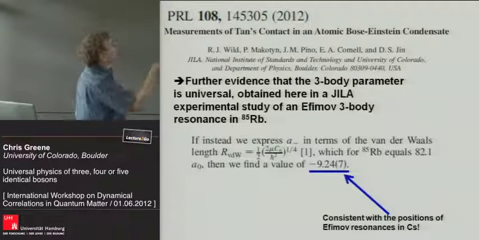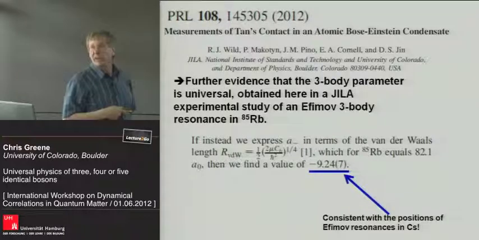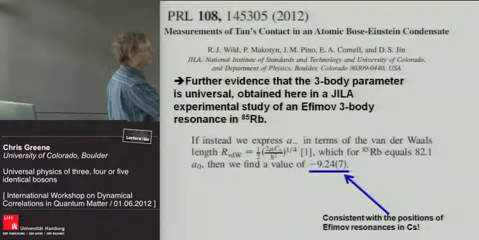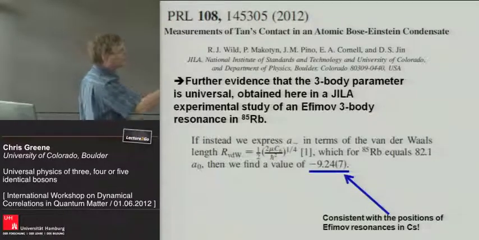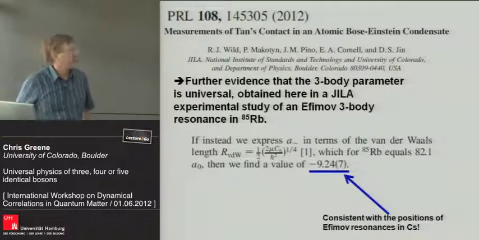Then there was also a development in Gilla a little bit later, where they saw the same value coming out in rubidium, a completely different atom. They also found that the first Efimov resonance, the only one they observed, is at minus 9.2 times the van der Waals length for rubidium.